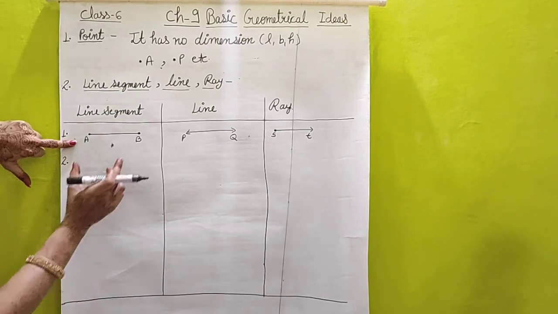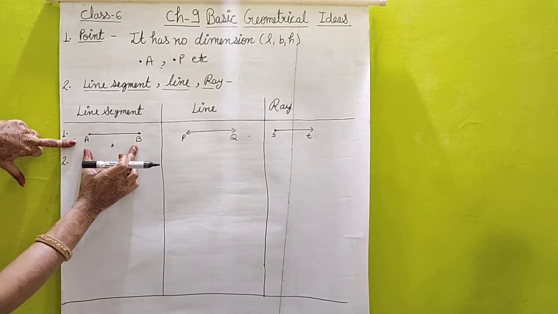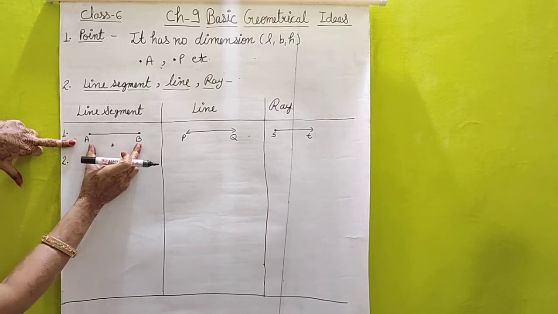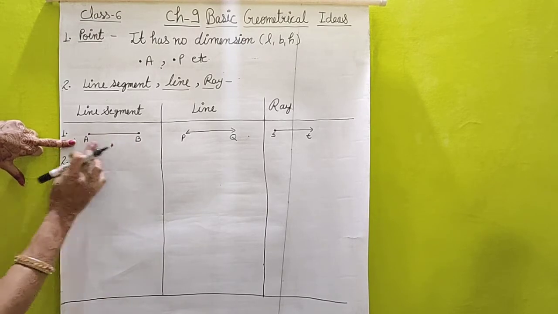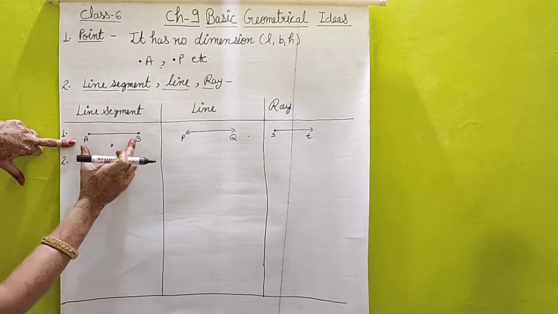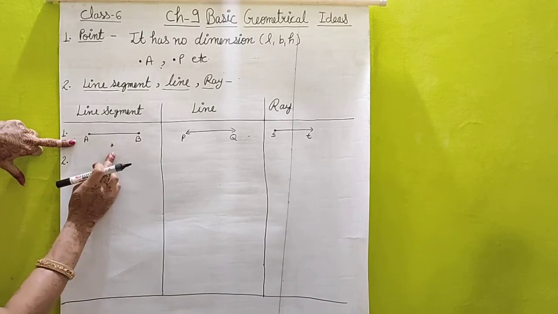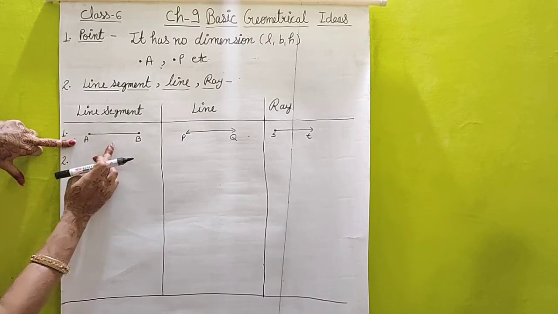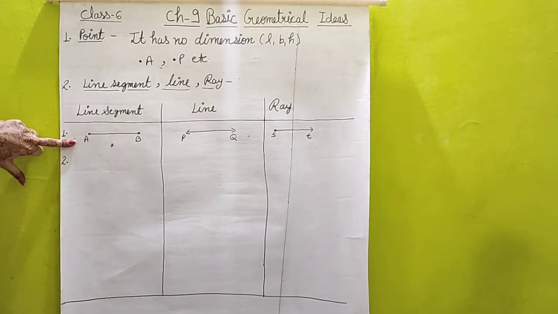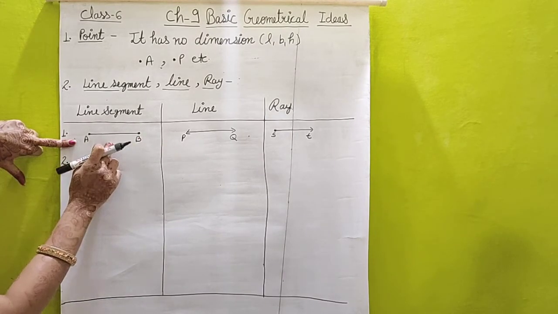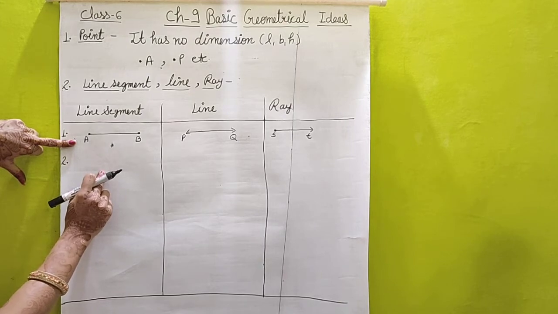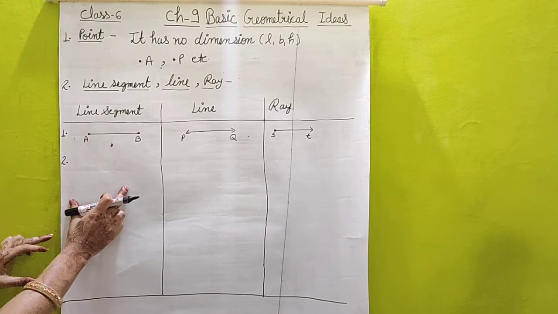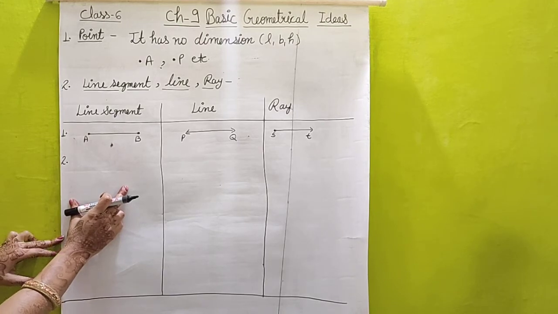In line segment AB, you can see two endpoints are given. First endpoint is A, second endpoint is B. Endpoint means we cannot extend the line segment in both directions. It means it has a fixed length and we can make this line segment on a plane or paper.